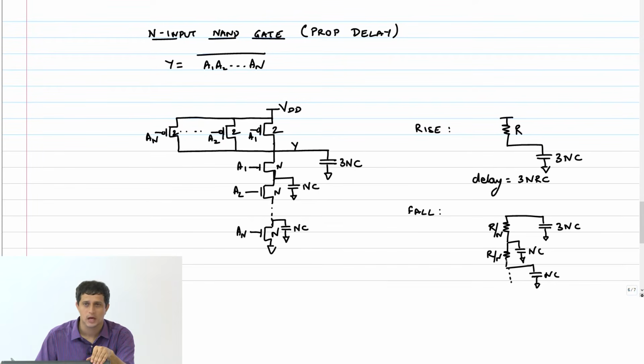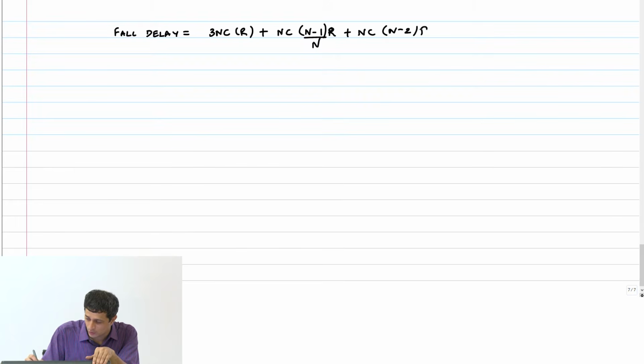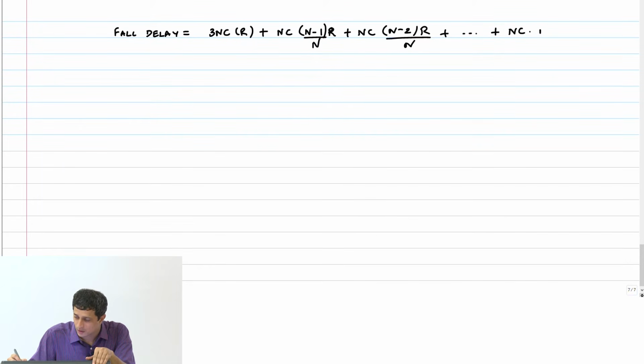So N minus 1 R by N, correct? Plus NC into N minus 2 R by N and all the way down to NC into R by N. So what does this evaluate to?